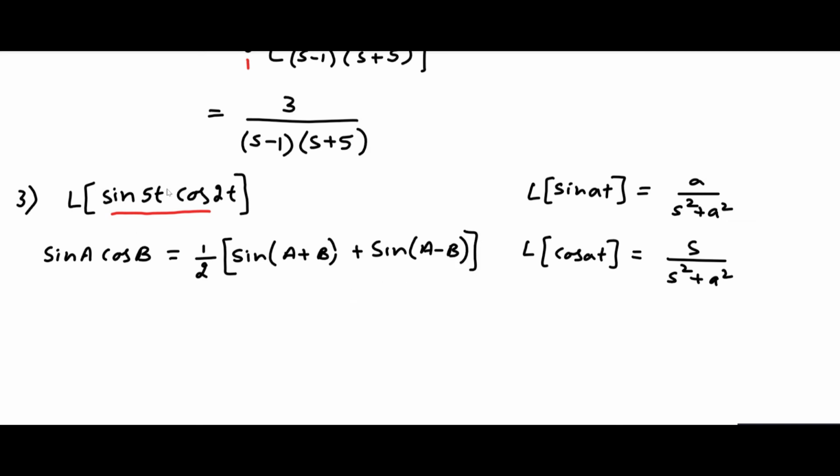Now if you compare the values, the value of A is 5t and the value of B is 2t.